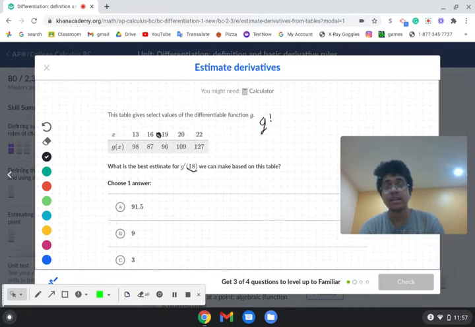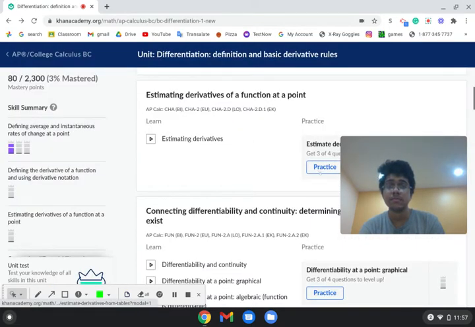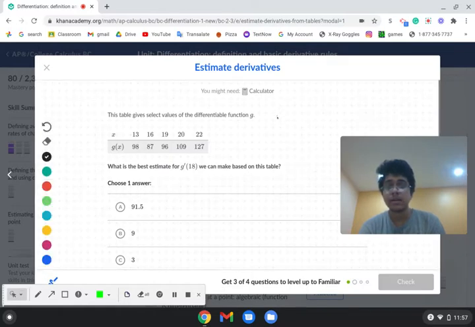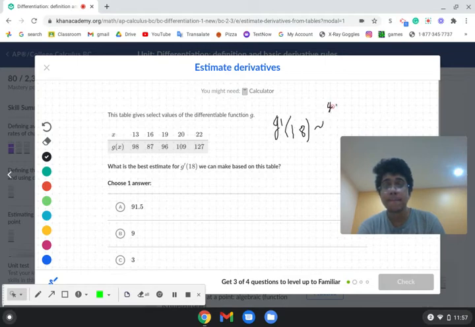So g prime of 18 is approximately g of 19 minus g of 16 all over 19 minus 16.